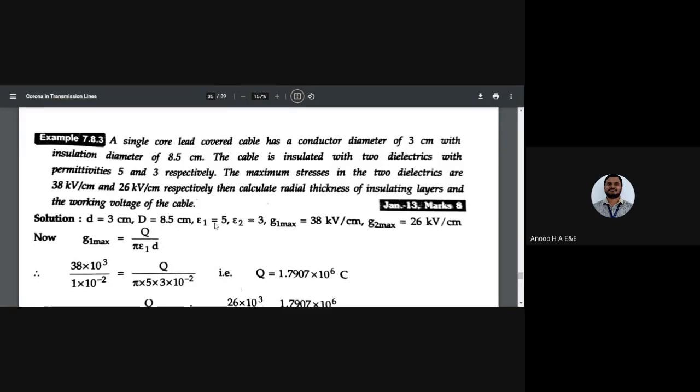Epsilon 1 is 5 and epsilon 2 is 3, and we have G1 max as 38 kilovolt per centimeter and G2 max as 26 kilovolt per centimeter. Up to this point it is clear now.